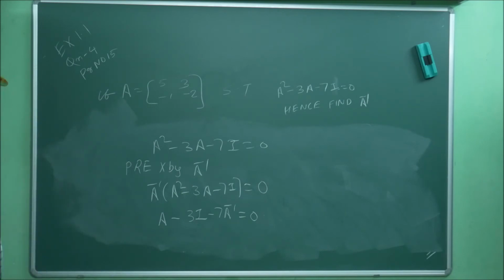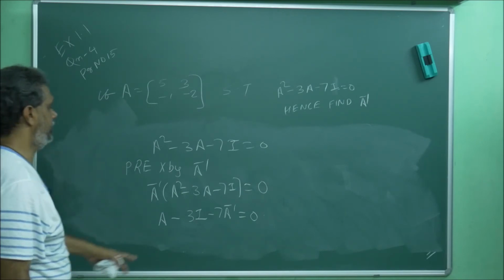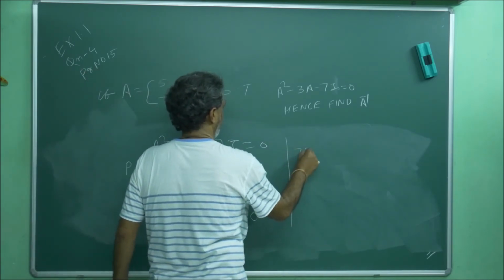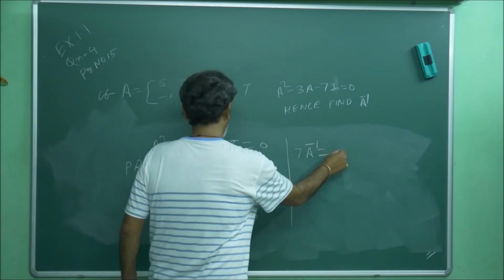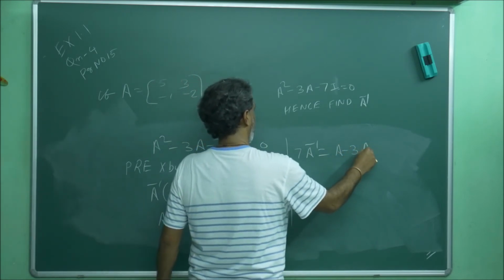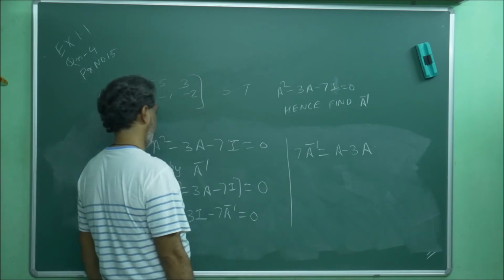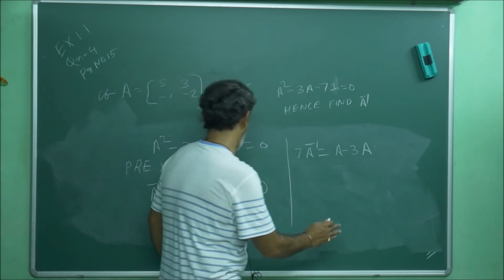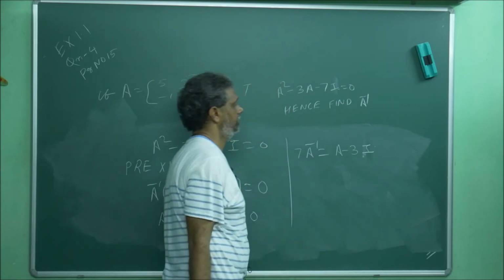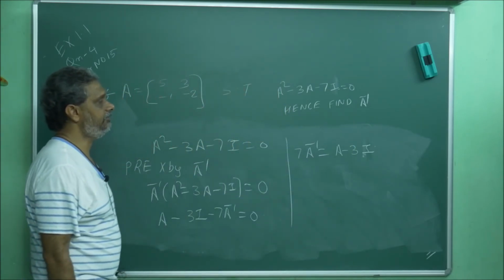Now what I want is A inverse, so I will take 7A inverse to this side. 7A inverse is equal to A minus 3I. Sorry, A minus 3I. Again I am making a mistake. Bad Bapuji.